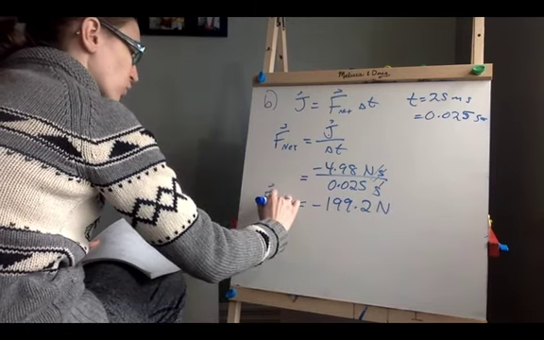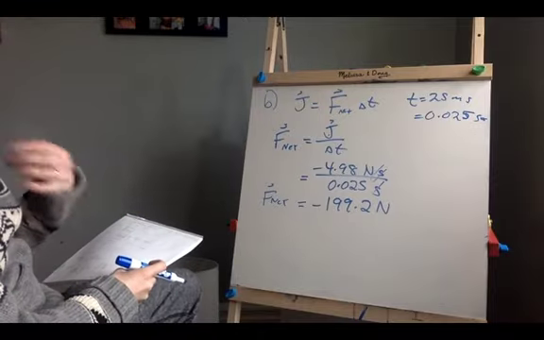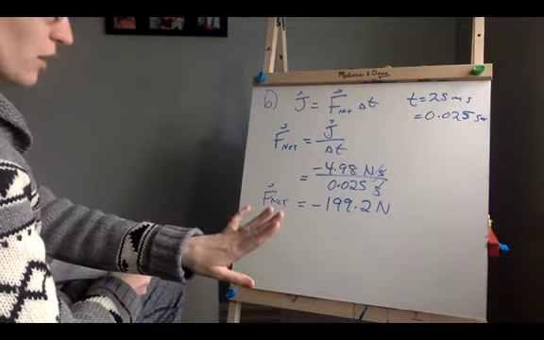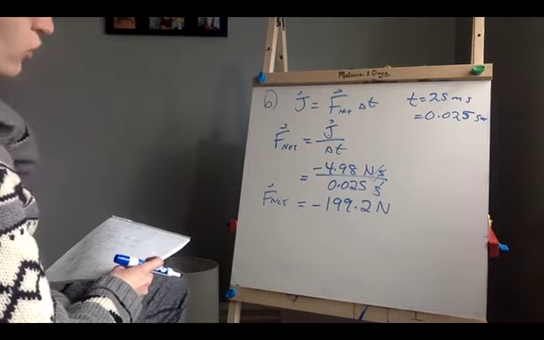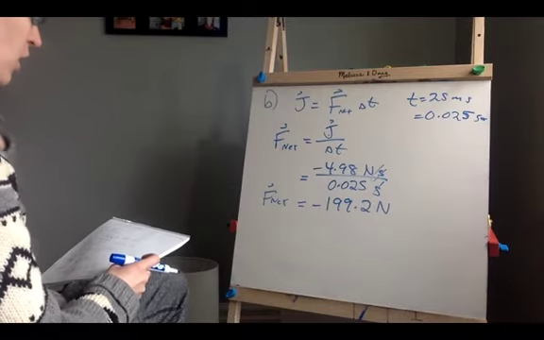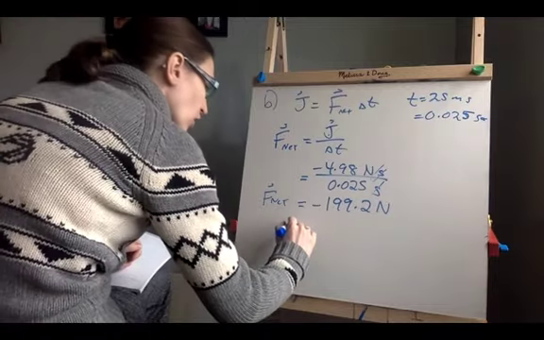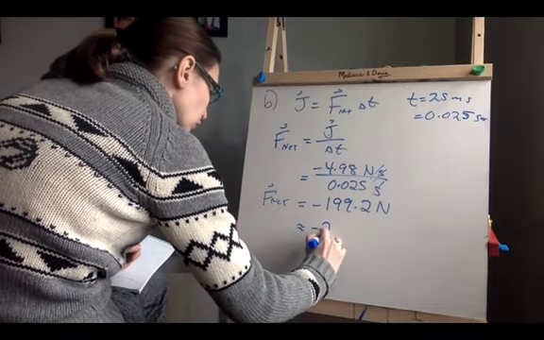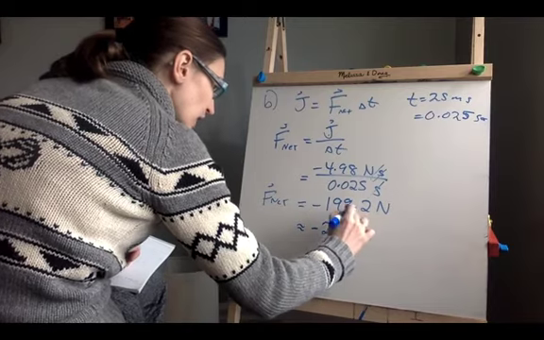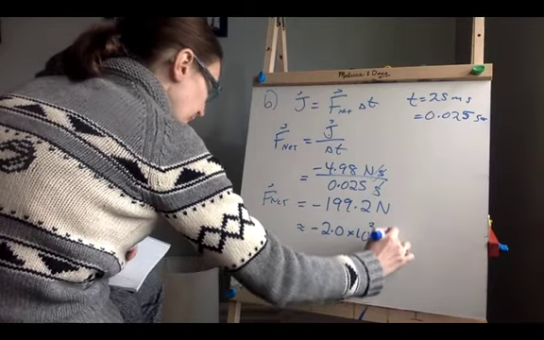Right, there's my force exerted by the wall, and again, because the wall is pushing it back in the opposite direction of its original motion, that's why that force is considered negative. Okay, but in terms of sig figs, I only get 2, so I'm going to call this a nice negative 2.0 times 10 to the 2 newtons.